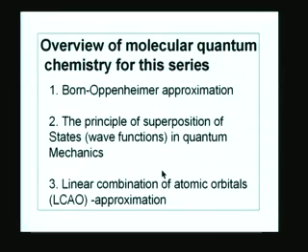The same method, when it is applied to chemistry in the study of atoms and molecules, takes the name, the linear combination of atomic orbitals, or the LCAO approximation. L for linear, C for combination, A atomic, and O orbital. The LCAO approximation is the basis for the molecular orbital theory.